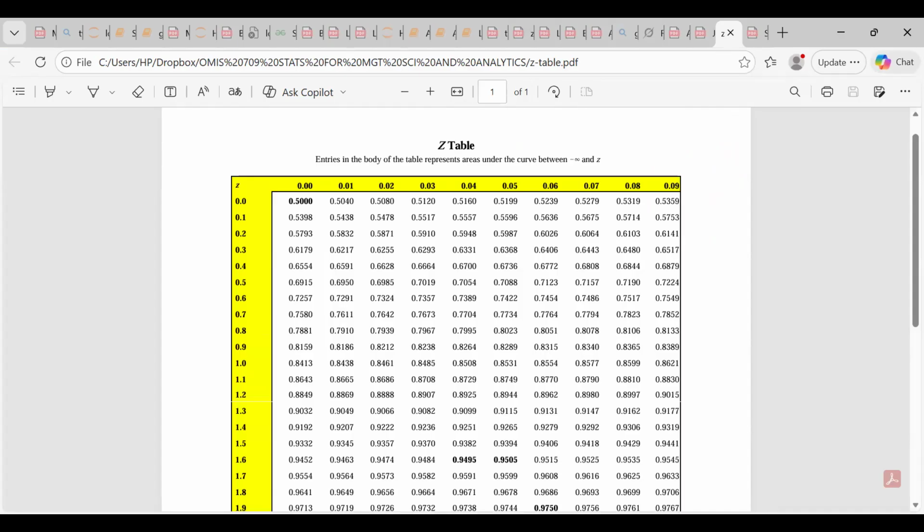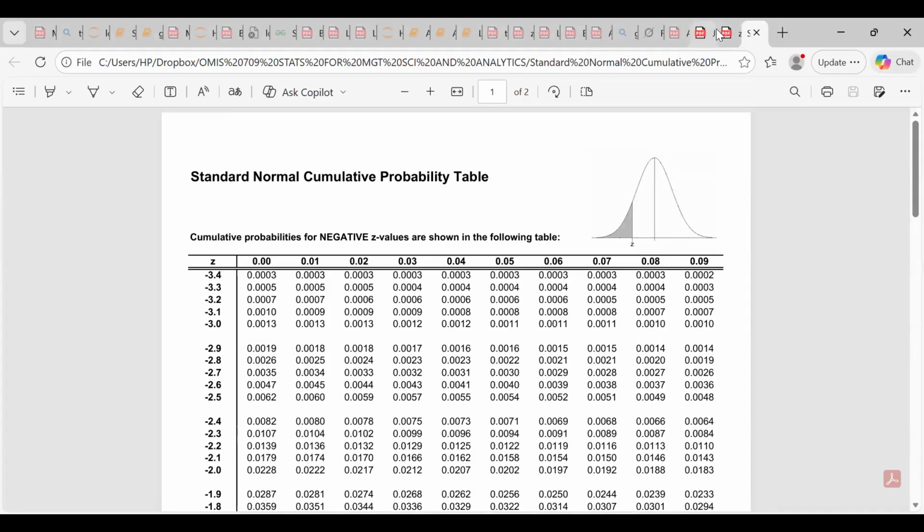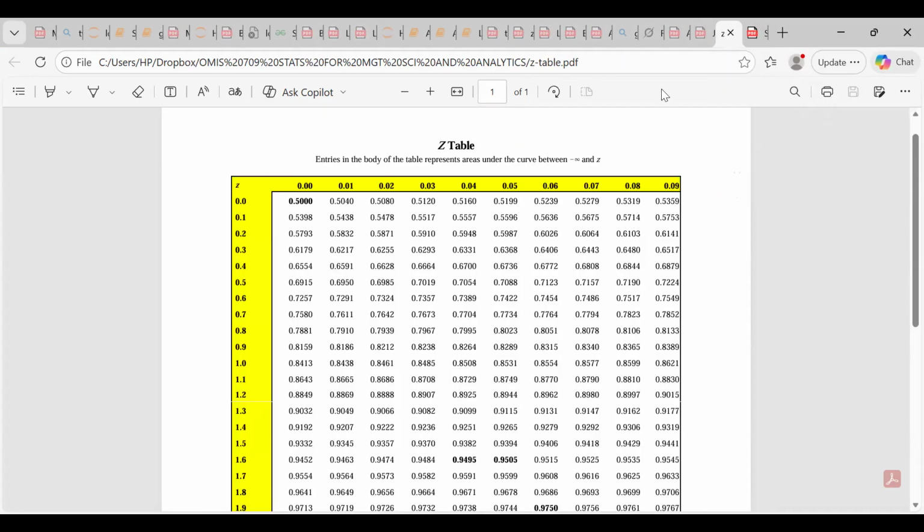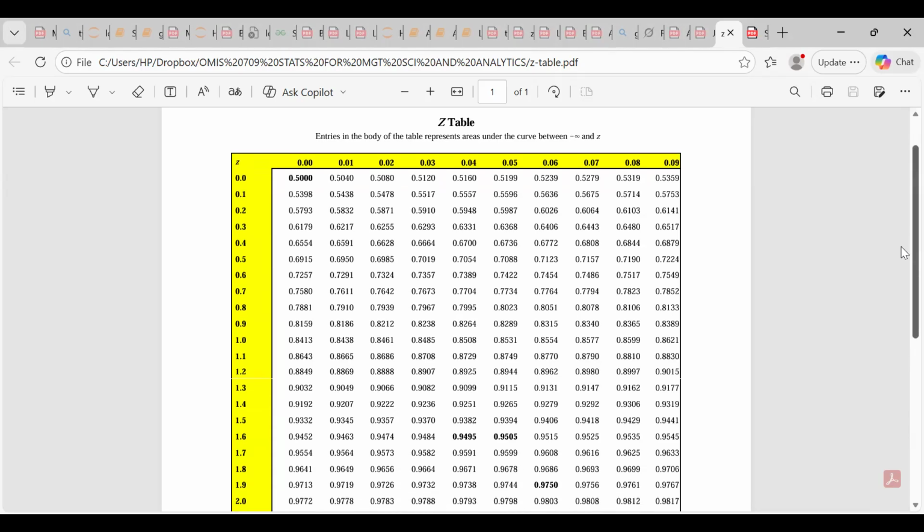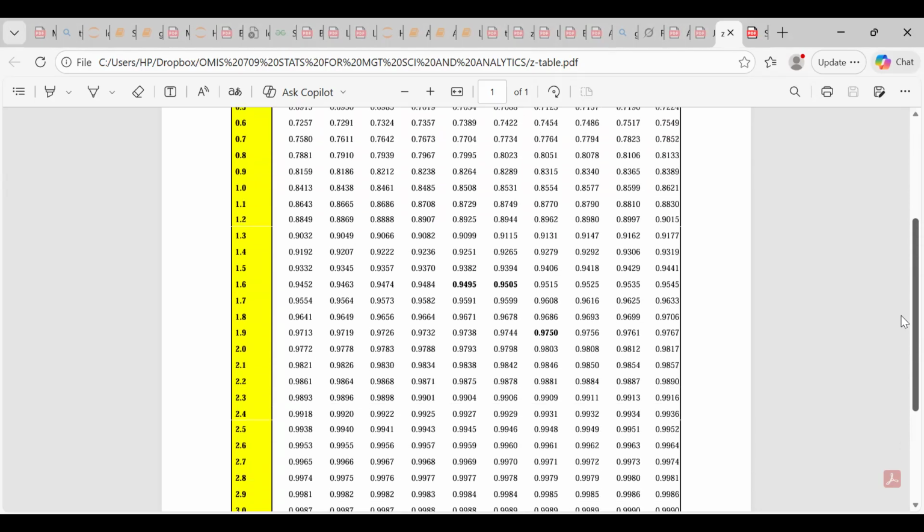This is a cumulative one, but that's not what you're going to use. You're going to use this one. There are two ways you can do it. This one goes from 0.5, which is the lowest level, all the way up to 1. You can use that, or you can use the Word document one I sent you. Either one of them is going to give you the same thing. In fact, let me show you the Word document. This is also the Word document one.